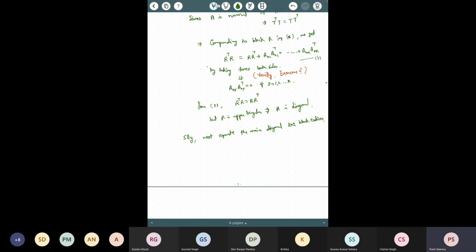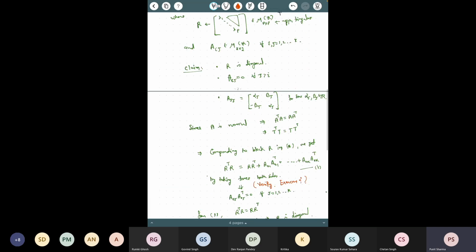If you do that, then this implies that Aij equal to 0 for all j greater than i. This also you can verify, and this is an exercise for you, why this is true.